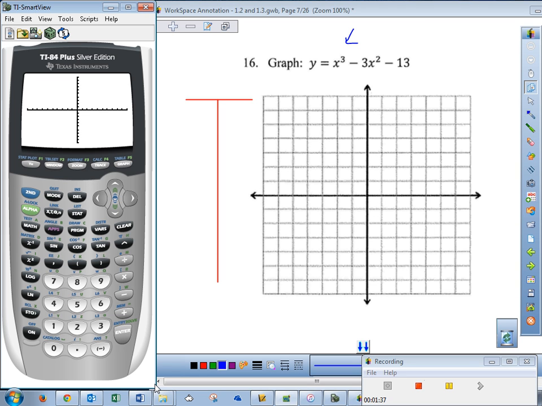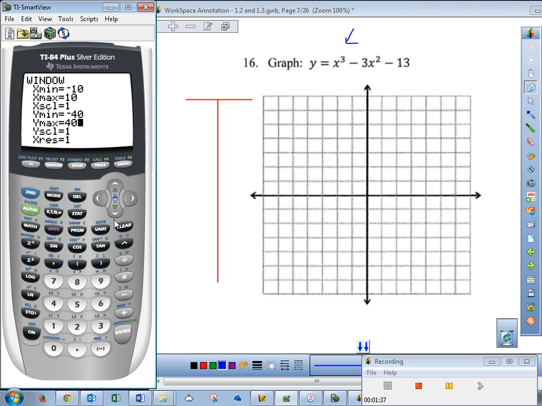Drat. What does that mean we've got to do? Change the window, right? X's probably don't need to change. Let's just mess around. That's the weird thing about it. You just got to do a little trial and error. Let's change our Y scales. So like my Y minimum, I don't know, let's go to like -40 to +40. Let's see if that works.